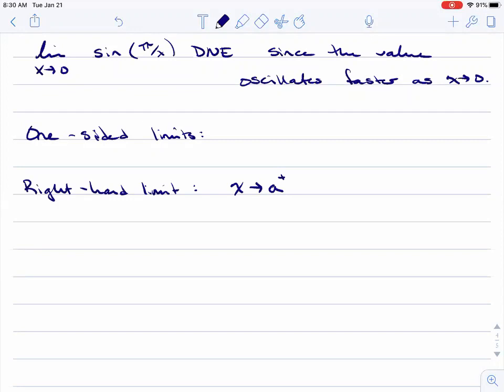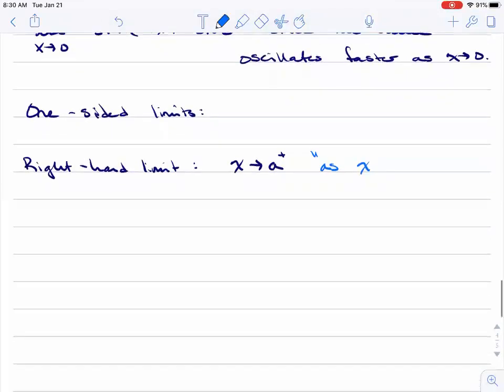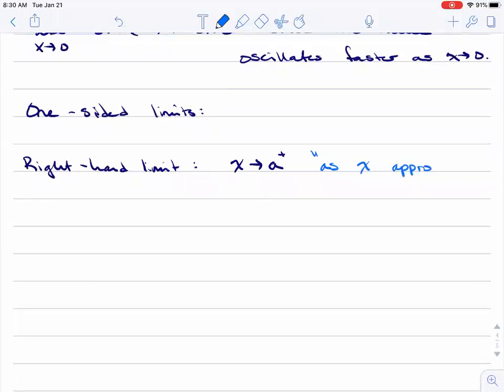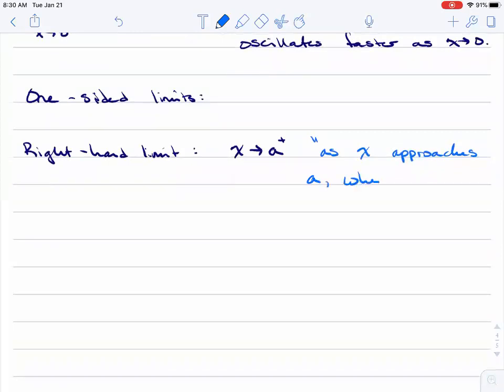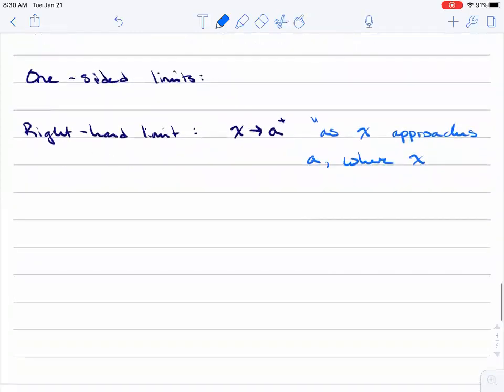We can read this as x approaches a, where x is greater than a, or usually I just say from the right. Because if x is greater than a, then x is approaching a from the right.